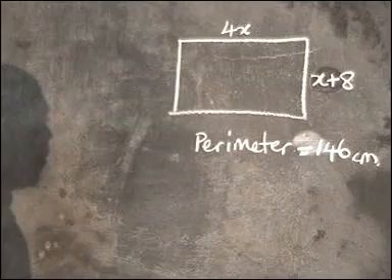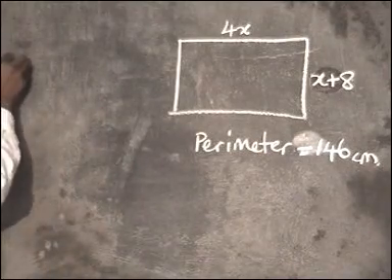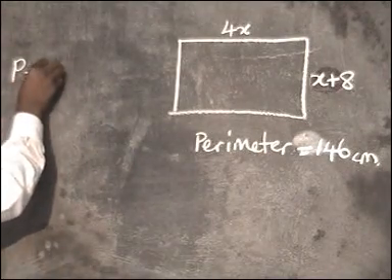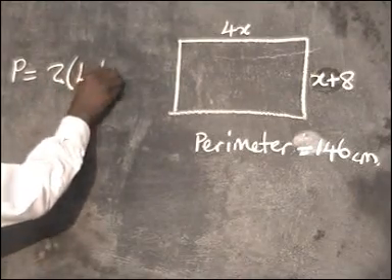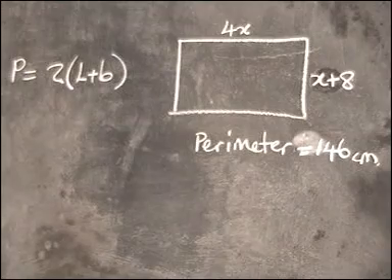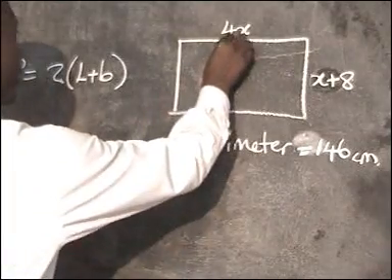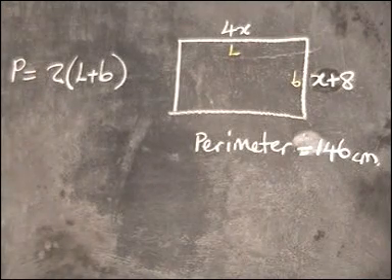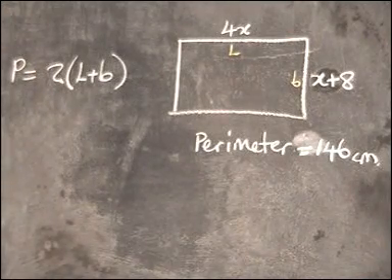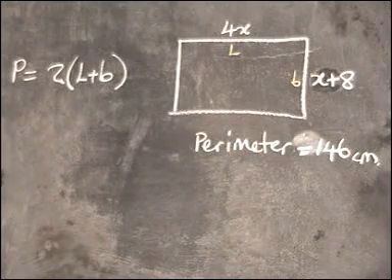Perimeter using the formula. Perimeter of a rectangle is given by 2 brackets L plus B, of which the longest side is L and this is the B. So if we substitute L plus B, the perimeter is given to be 146.